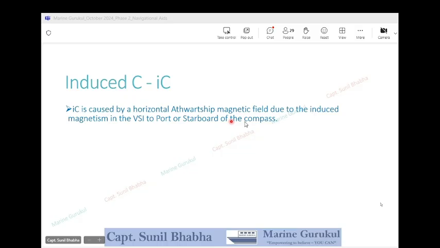So you see in this case, very similar to coefficient IB. IB was caused because of a vertical structure which is forward or aft of the compass, and IC is caused because of a vertical structure which is port or starboard of the compass.